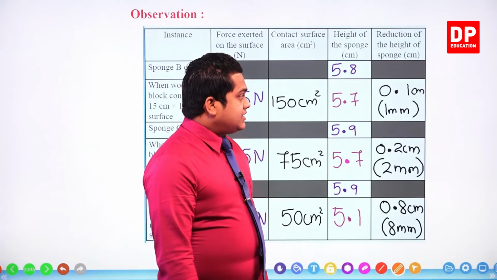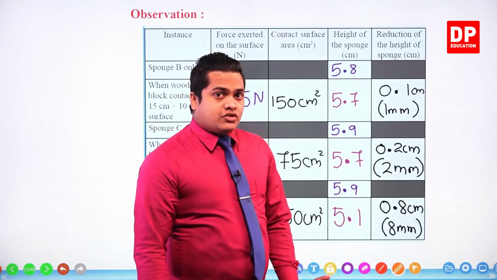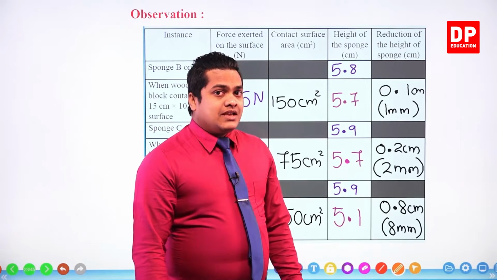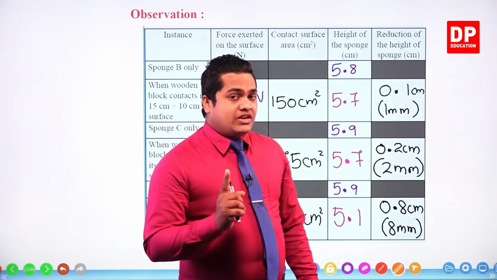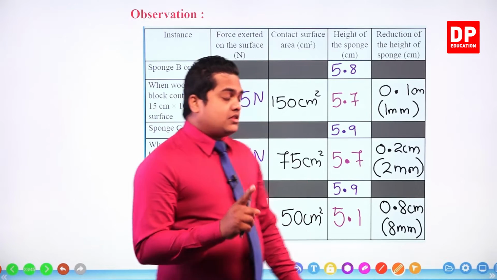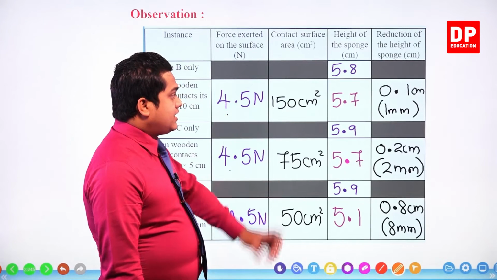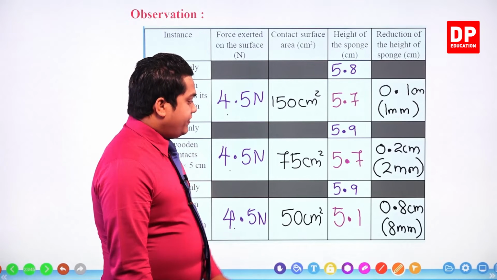In the earlier case, the reduction was just 1 millimeter. In the second instance, the reduction is 2 millimeters. In the third step, the reduction is 8 millimeters. What is the factor that we changed? The factor that we changed is the surface area which comes in contact with the sponge, from 150 to 75 to 50.